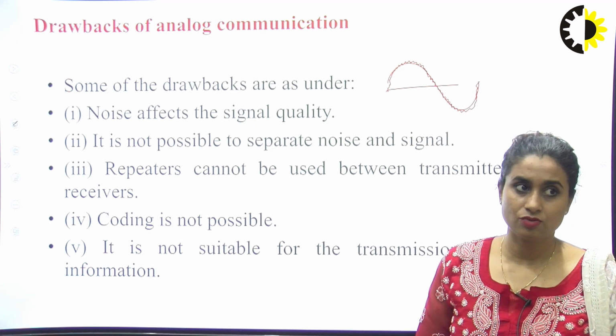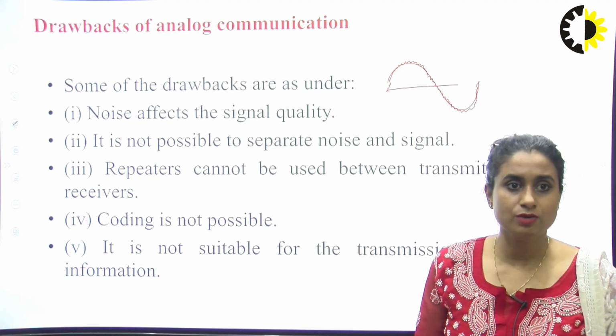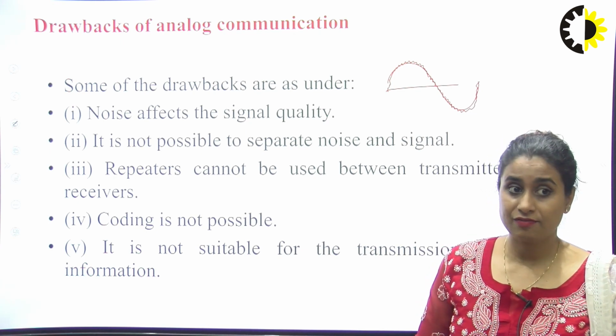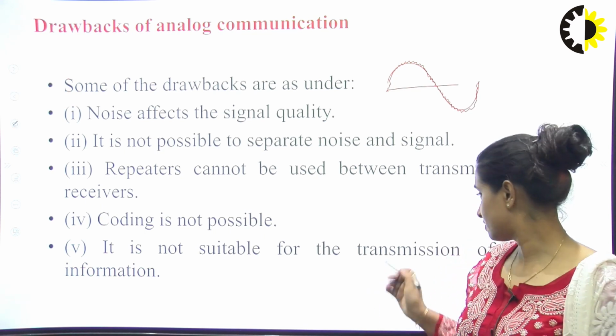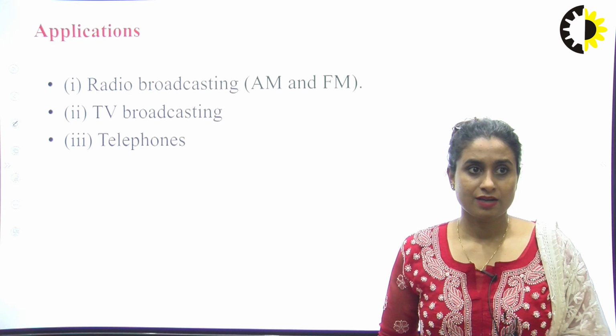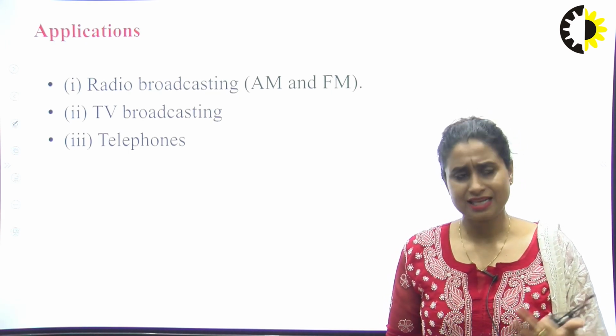Noise affects the signal quality. It is not possible to separate noise and signal. Repeaters cannot be used between transmitters and receivers. Coding is really difficult. It is not suitable for transmission of secret information. Various applications include radio broadcasting, TV broadcasting, telephones, and many more.